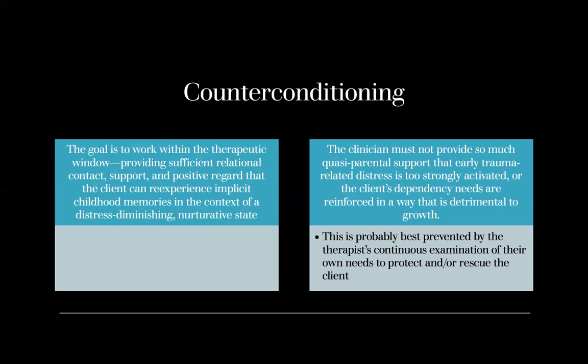So if your desire to save, to fix, to provide for your client is really activated, this can, and we've talked about this before, inadvertently reinforce dependency needs. So again, if you have a client, for example, with an anxious attachment, you could be reinforcing that attachment inadvertently by being very available, by easing tension immediately, by wanting to take away distress and stuff like that.